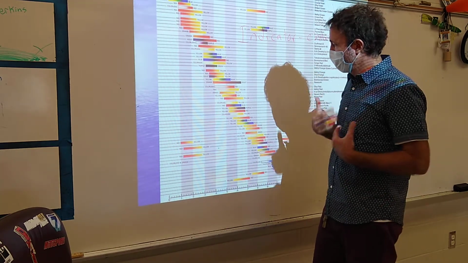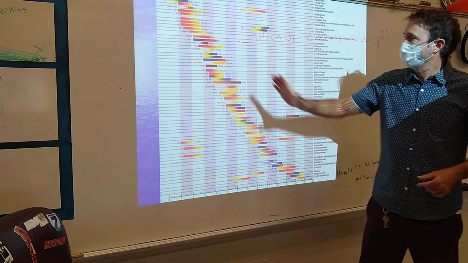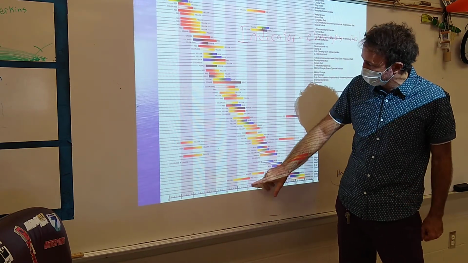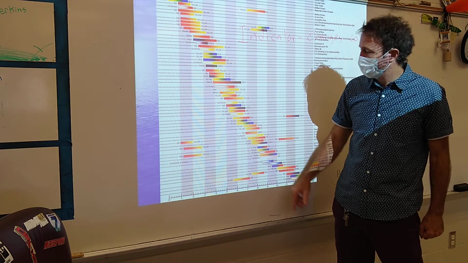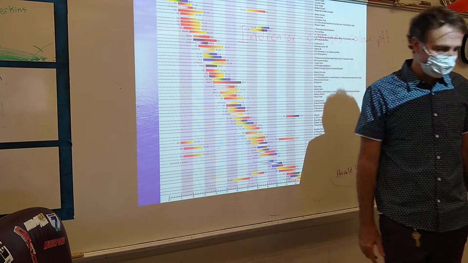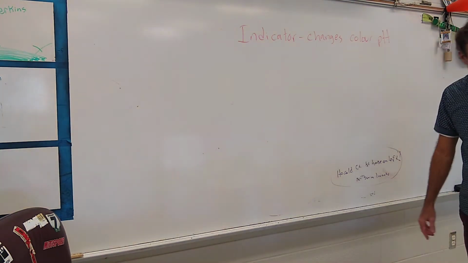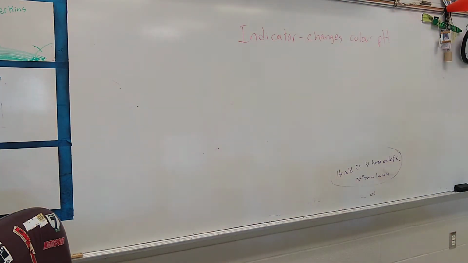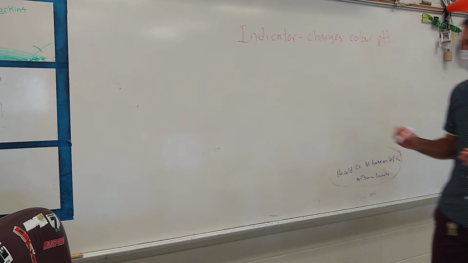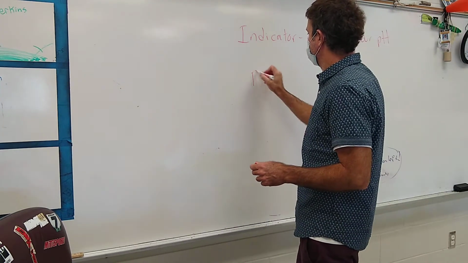The indicator that we use in here changes colors exactly at 7. And it is called phenolphthalein. Phenolphthalein. I always look this up to spell it because it's pretty crazy.